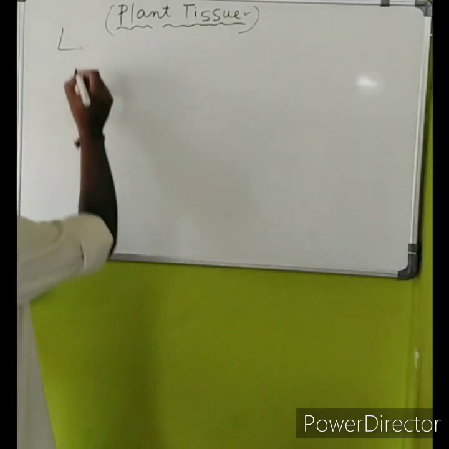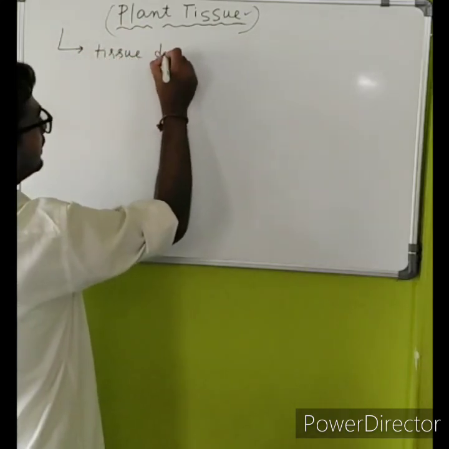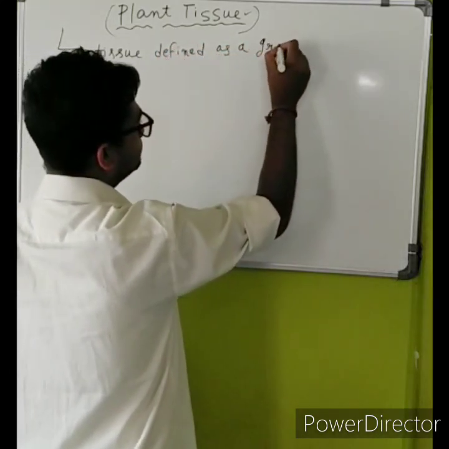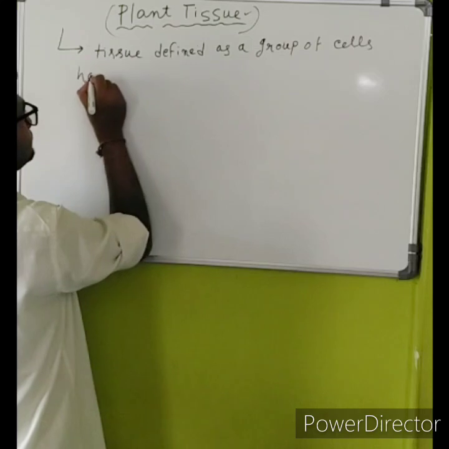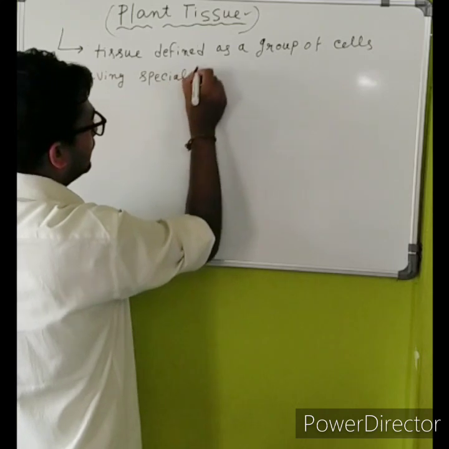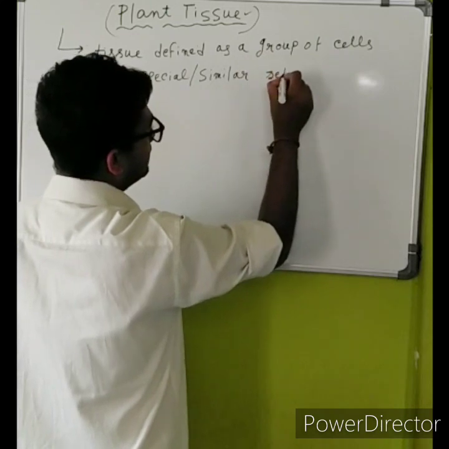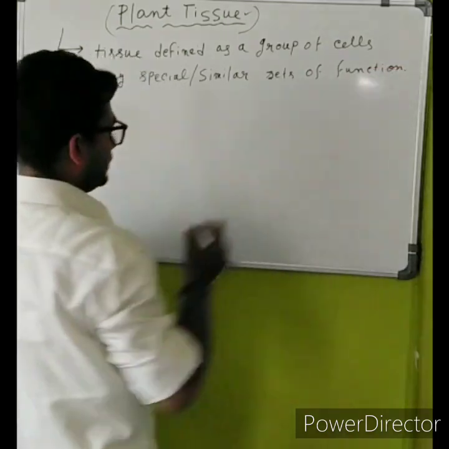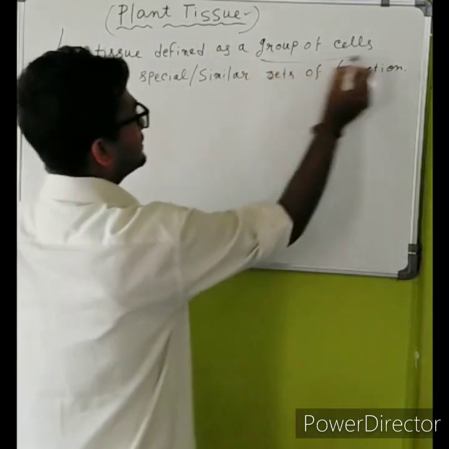The definition is that the tissue can be defined as a group of cells having special or similar sets of function. So tissue can be defined as a group of cells.